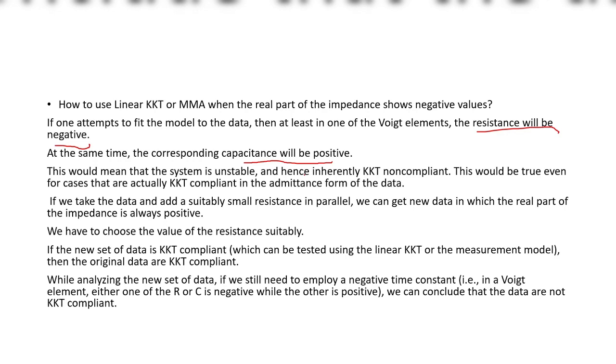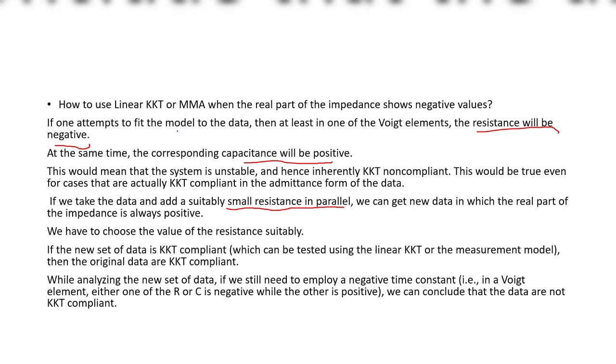So how to do this? Even with an equivalent circuit, I can take a small resistance in parallel. What that means is that to the equivalent circuit model you have got, you add another resistance in parallel and shift the impedance value to a positive value.